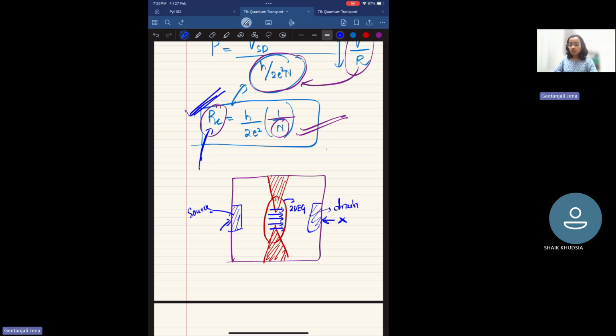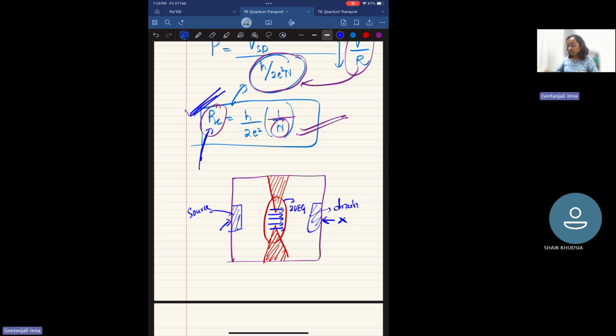Let me know if the concept is clear, or otherwise we'll start solving problems for now. In the next part of the lecture, we have seen some applications of the quantum point contact. We can use it as a sensor, or we can use it to trap the electron. This has been covered in the class.